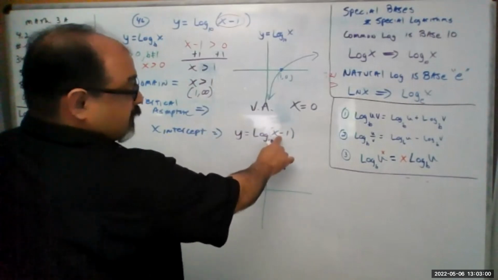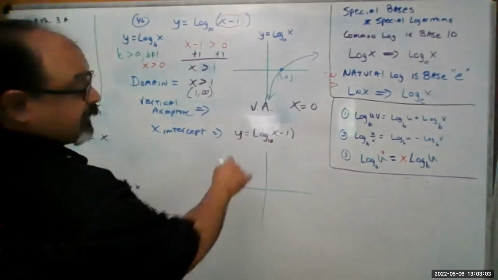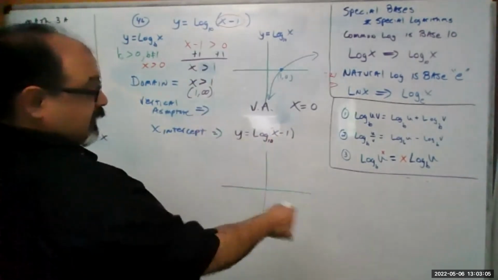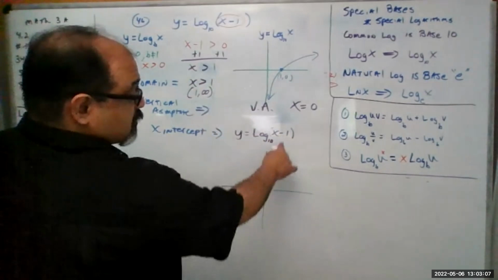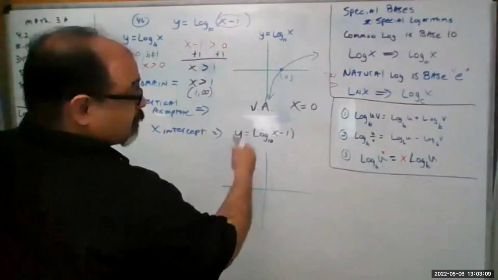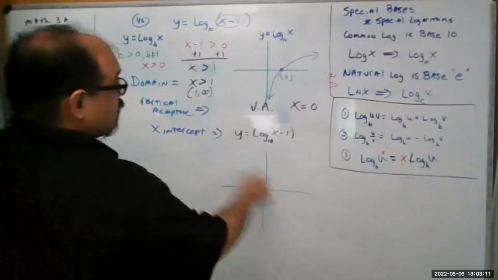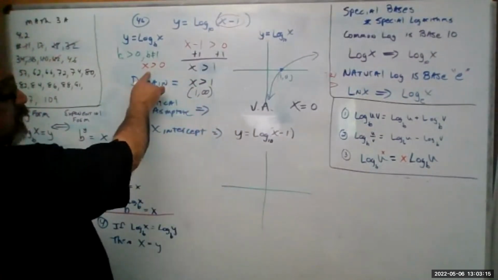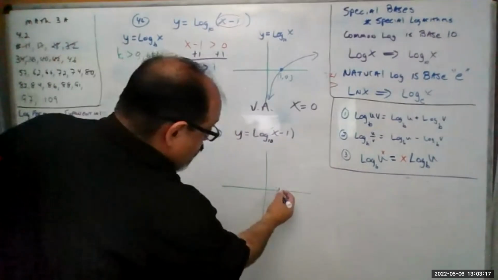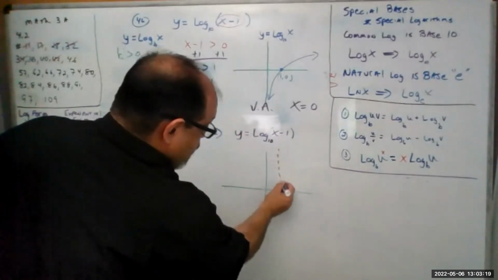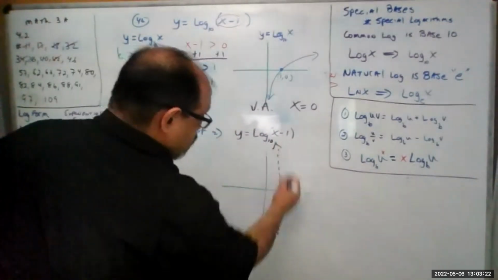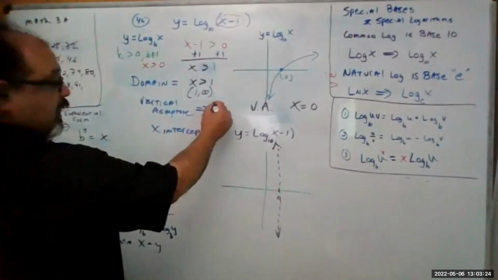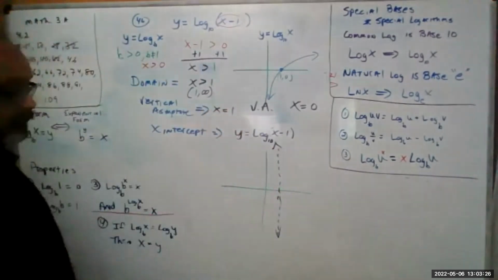So the negative is built in, which means you're going to shift it the opposite sign, x minus h. So the horizontal shift is a positive 1 to the right. And when you think about it, look at the domain. The domain used to be greater than 0. Now it's bigger than 1. Here is your vertical asymptote at x equals 1.